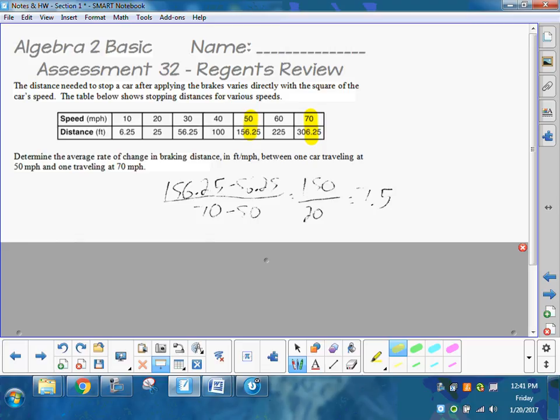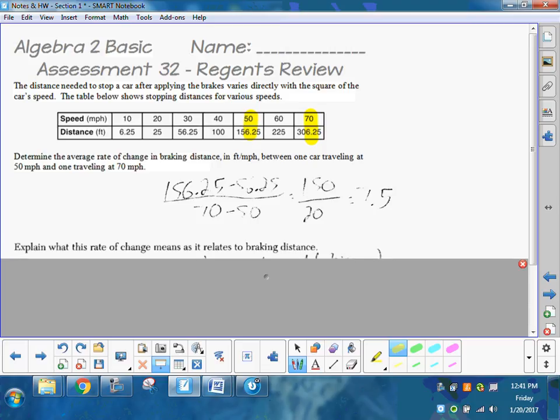Now, the second question is, what does this mean as it relates to braking distance? There's one little part of this that I'm a stickler on that you should have down. Nathan, what did you say for the B part of this? What does this rate mean as it relates to braking distance?